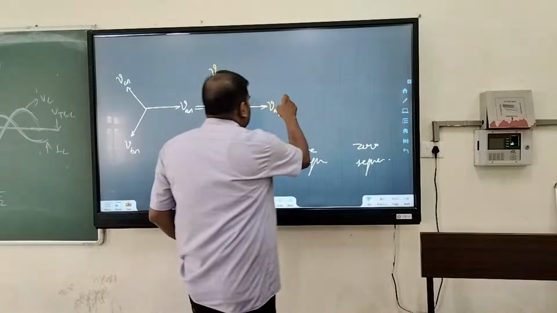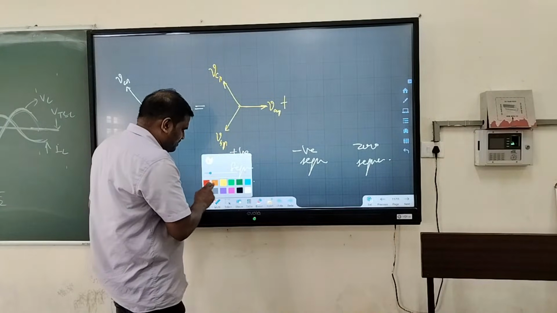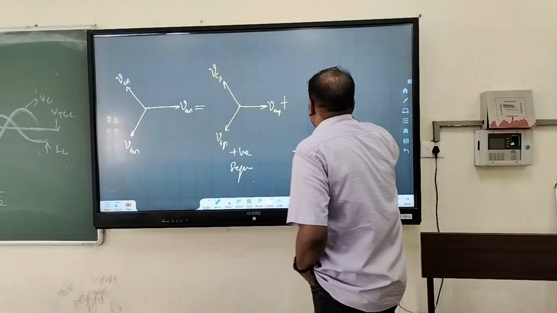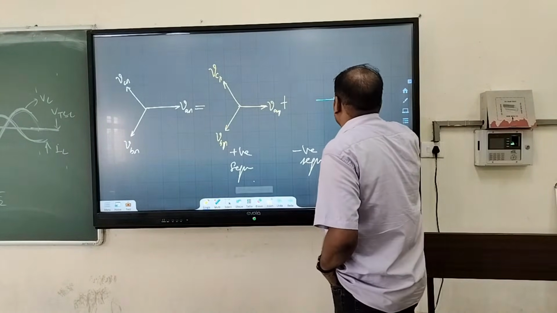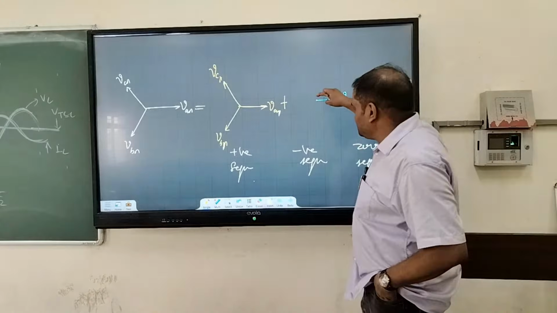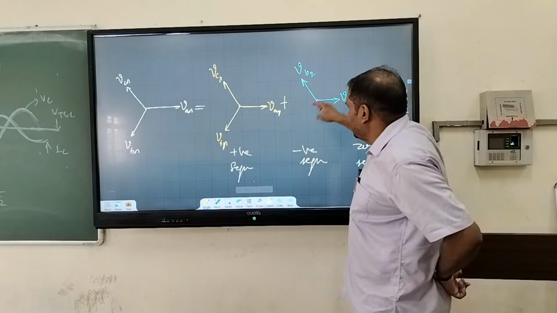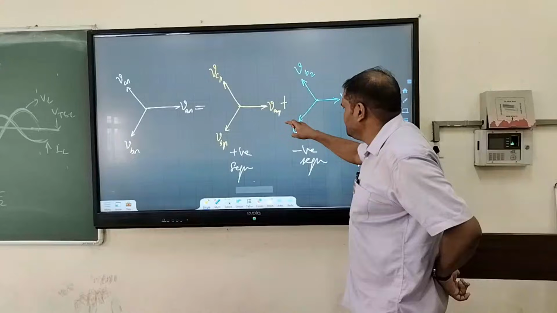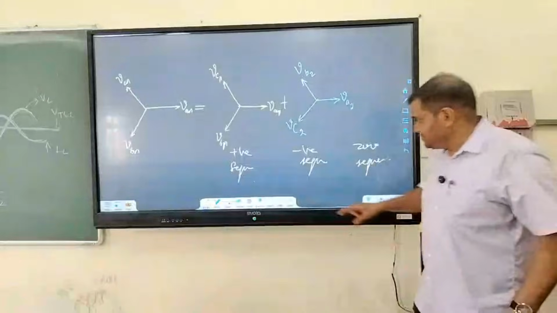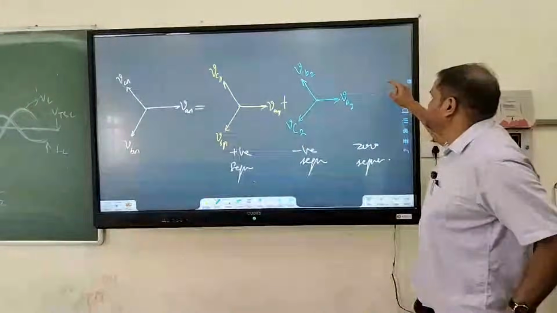Plus negative sequence, let us see by the red one or the blue one, right? So negative sequence is the same: VA2, here VB2 is upward, VB2 and VC2 is here, VC2. Zero sequence, let us see the zero sequence by the green line.